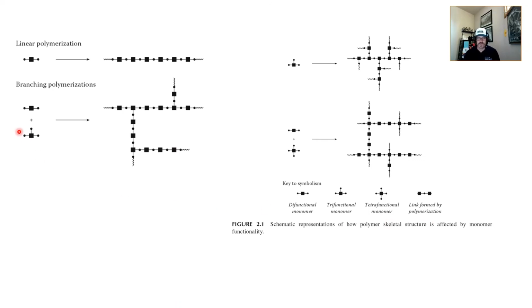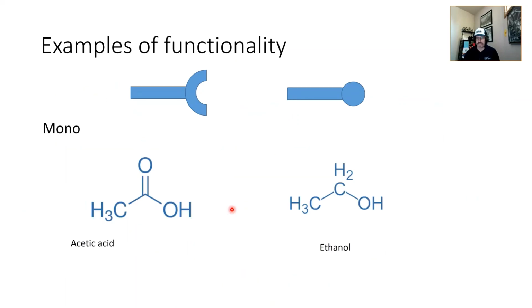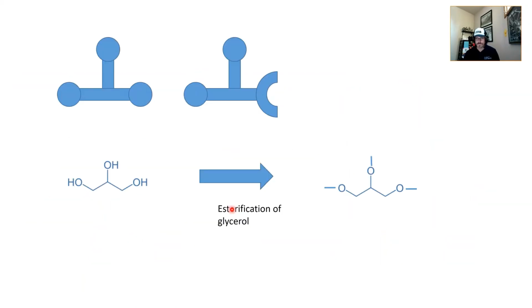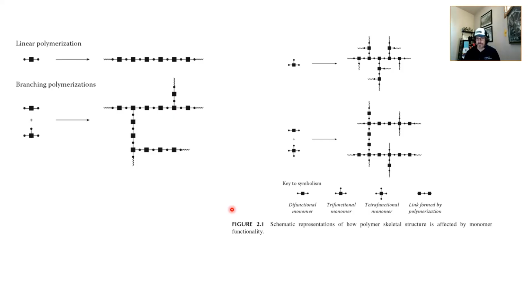If you have something difunctional and you combine it with something trifunctional, you're going to get this kind of branched network. These guys use a similar nomenclature to what I'm using, inspired by my child's train, to show that there are differences in how these things branch.